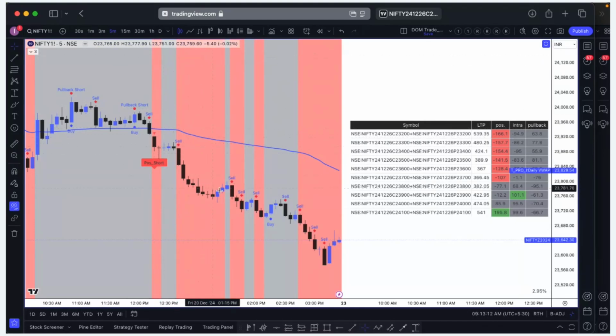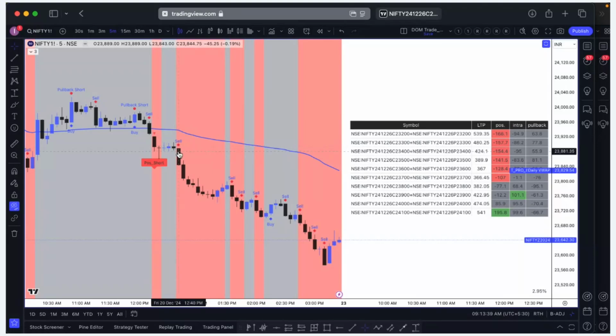So the markets are trying to go down. Say markets are at 23,890 or 900 levels, and you feel that markets are going towards 23,700, 800 levels. You look at that 23,700 or 800 straddle. That straddle will start to give you a sell signal. When markets are at some higher levels, the straddle may not be on the sell side.